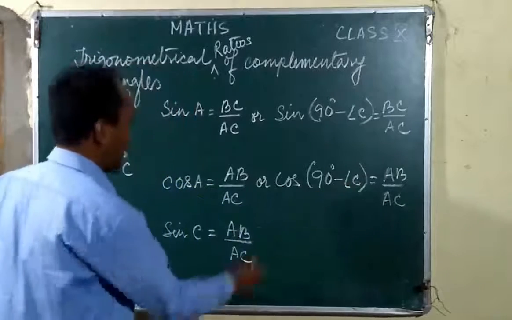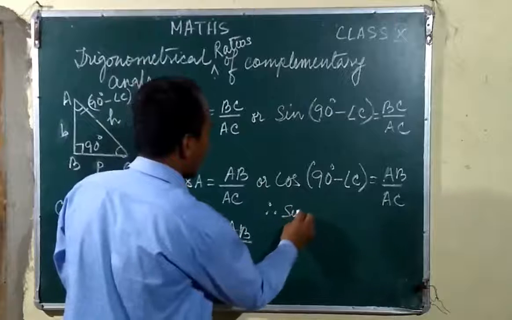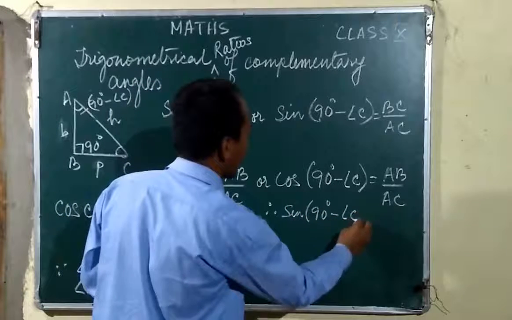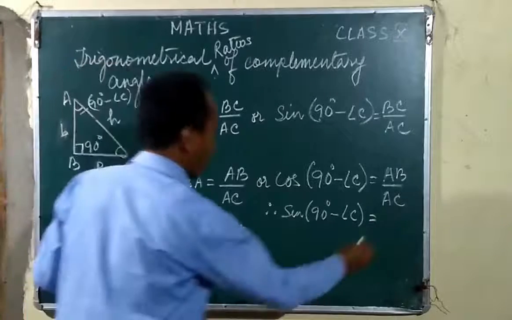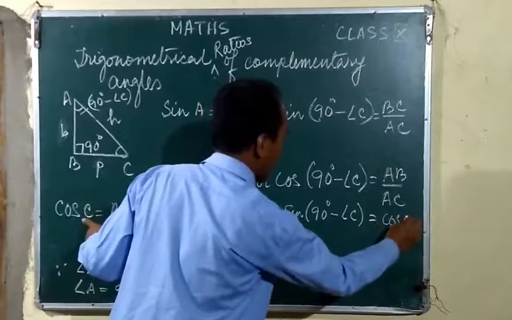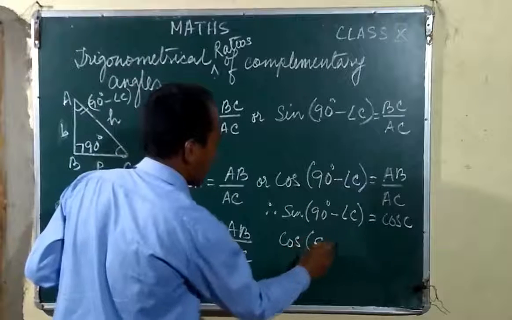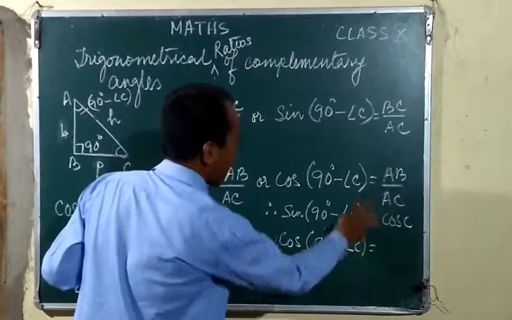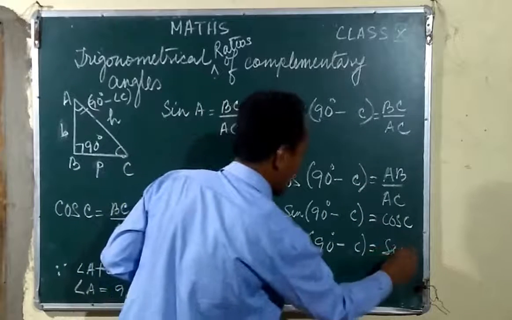So therefore we can write that sin 90 degree minus angle C is equal to cos C. Then cos 90 degree minus angle C equals sin C.